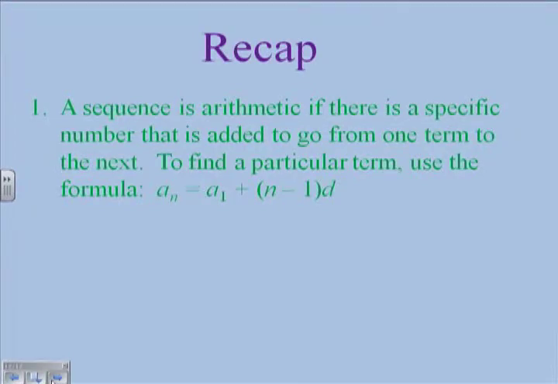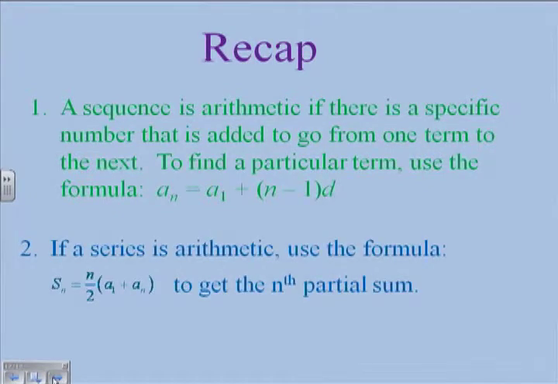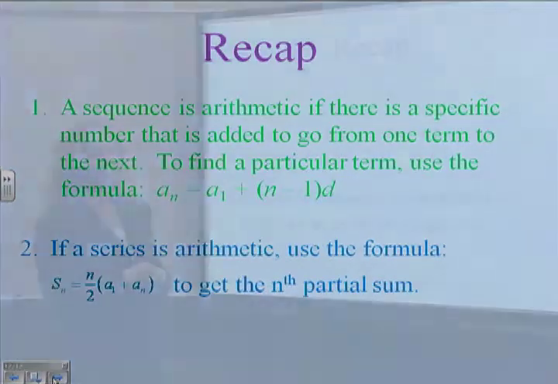I think this is one that makes total sense, so you can reason it out. And if your series is arithmetic, you can get the sum by using our partial sum formula, the S sub n formula. And of course, I always think of Carl Gauss on that, the idea of adding up the first and the last times the number of pairs, and it goes real easily.